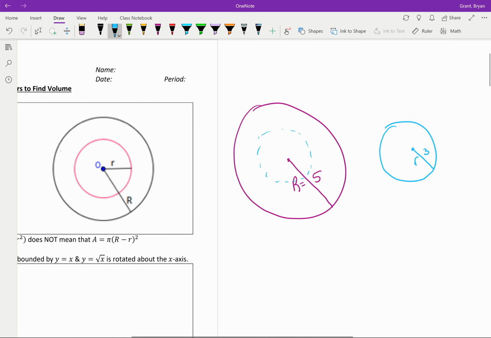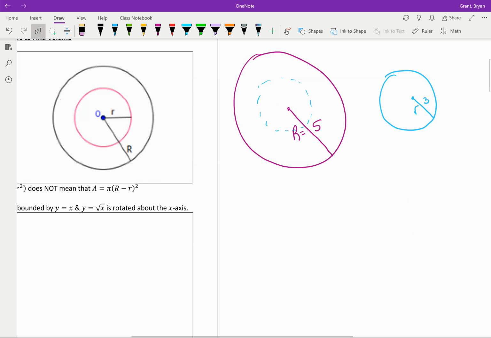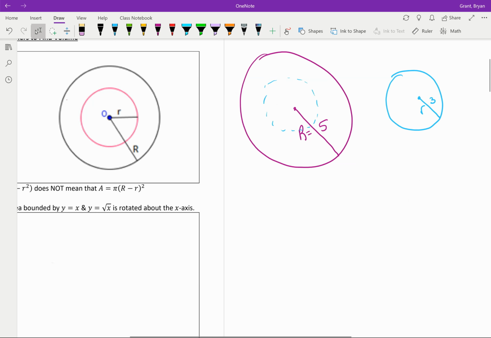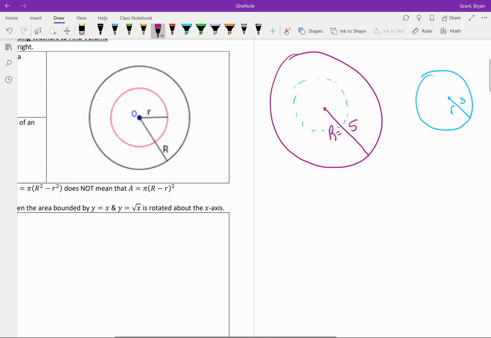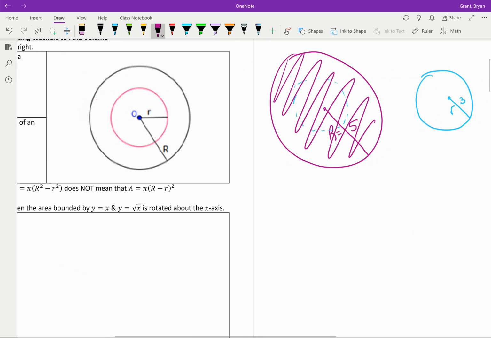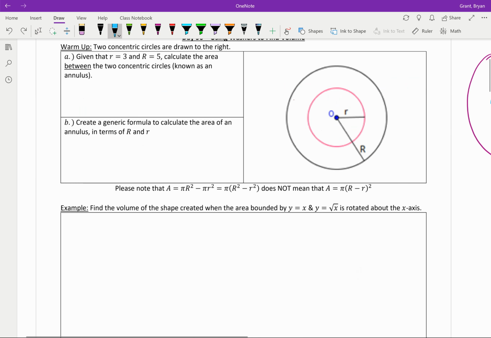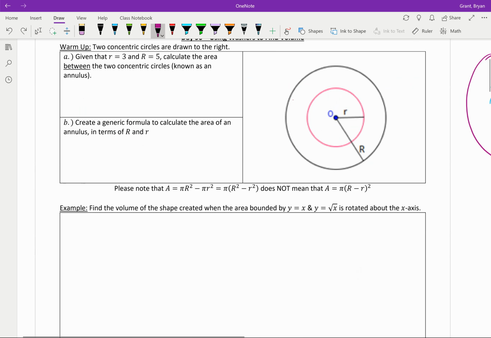And to do it, we're going to find the area of the big circle first, and then subtract the area of the small circle, of course, because the big circle is going to be all of this, but if we're able to take out this smaller region, then it's just going to leave us with the region around the outside. So if we want to find the area of, and I'm just going to do area sub big R, or capital R, it's just going to be pi times our radius squared, 25 pi.